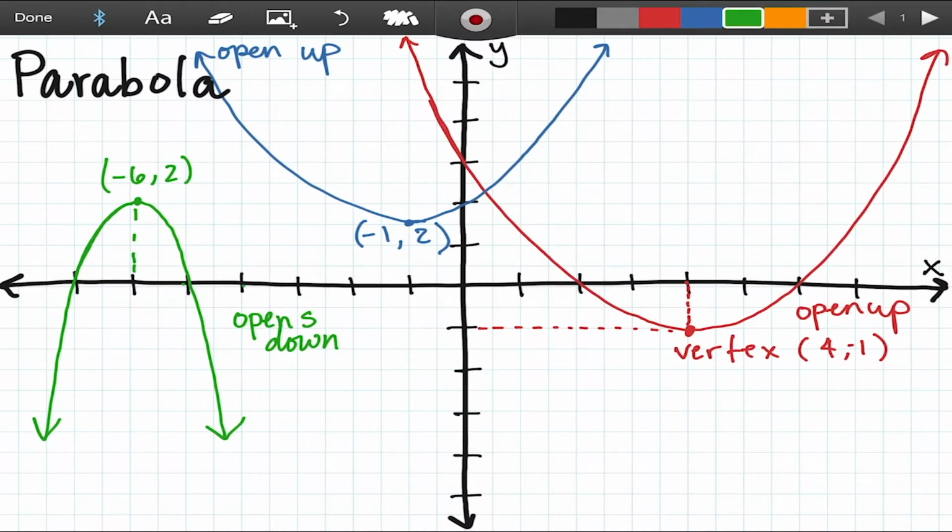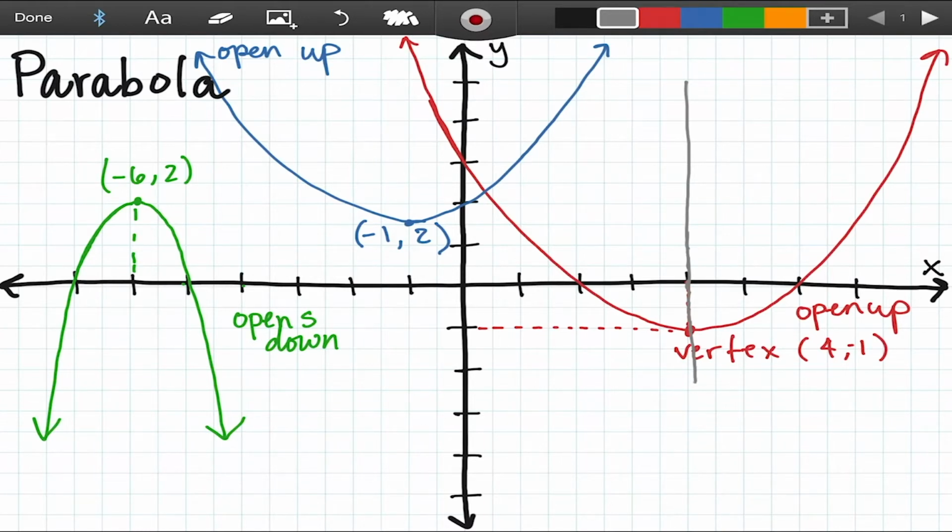Another neat thing about parabolas is that they are symmetrical at the vertex. So we have what is called the axis of symmetry. For my red parabola, I have this invisible line that goes through the center of it.